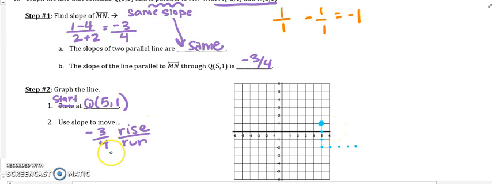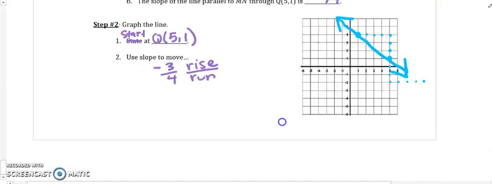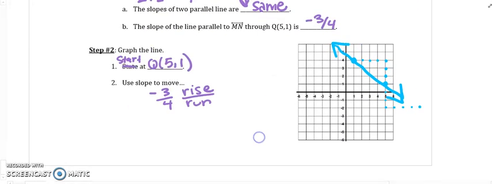Instead of rising a negative 3 and running 4, let me rise a positive 3 and run a negative 4. So I'm still in line with that, but now I'm actually on my graph. And again, I do expect you to use a straight edge for your arrows. And now we are finished, and you can practice slopes and parallel and perpendicular.